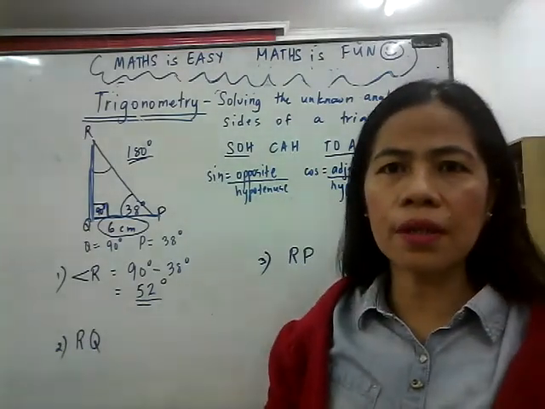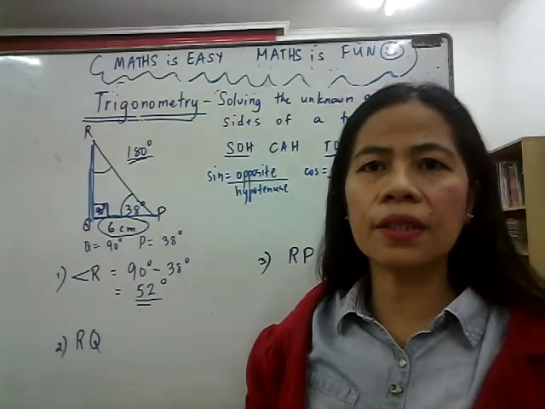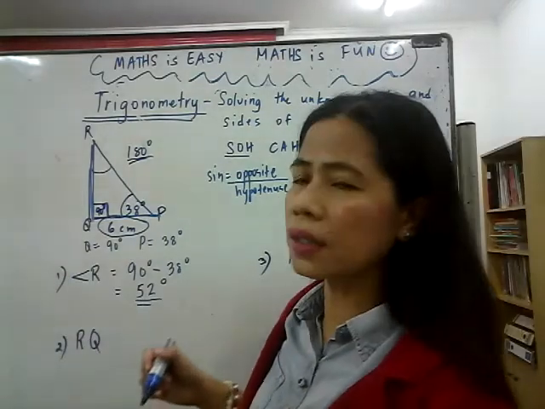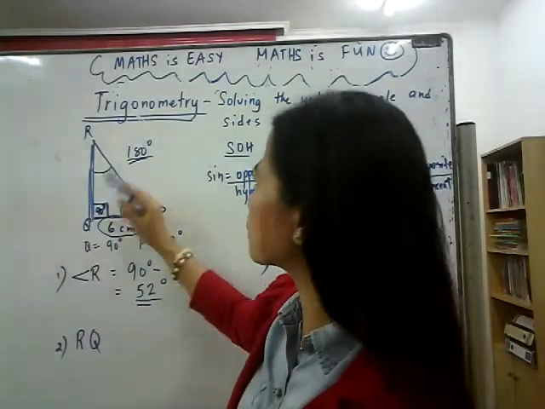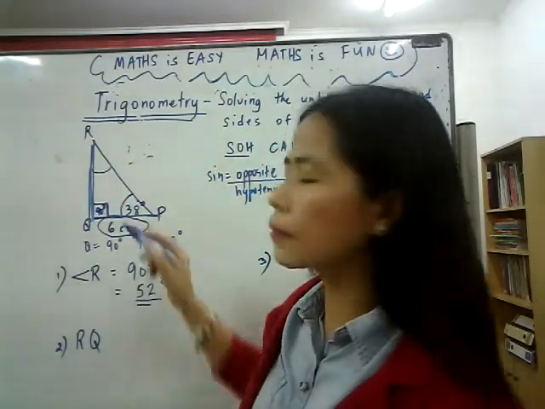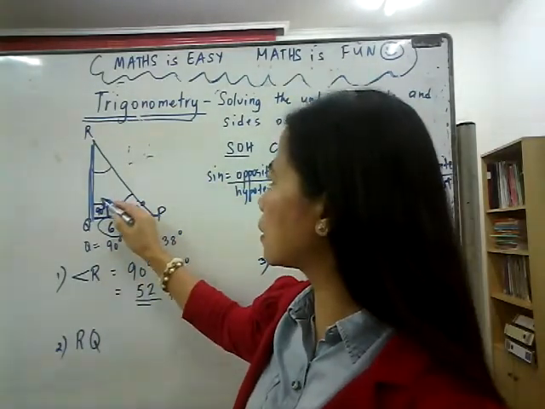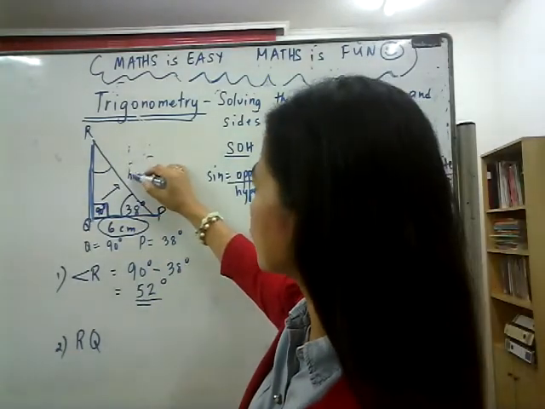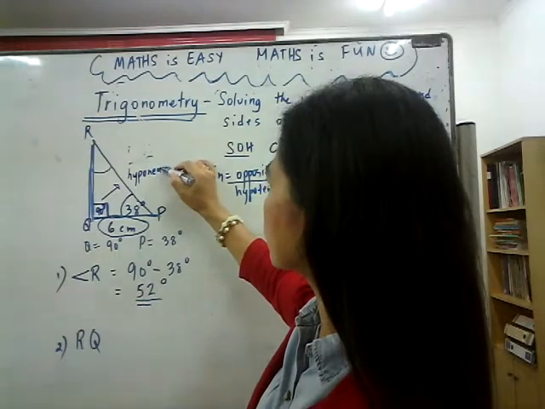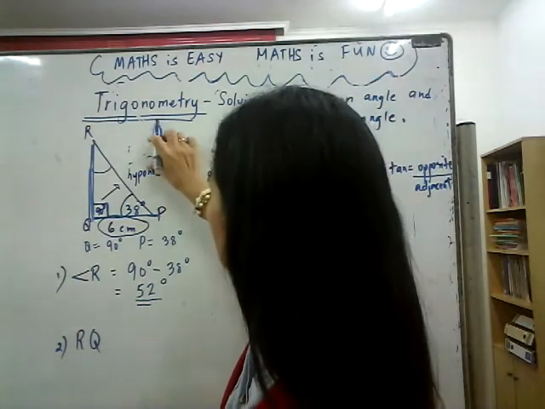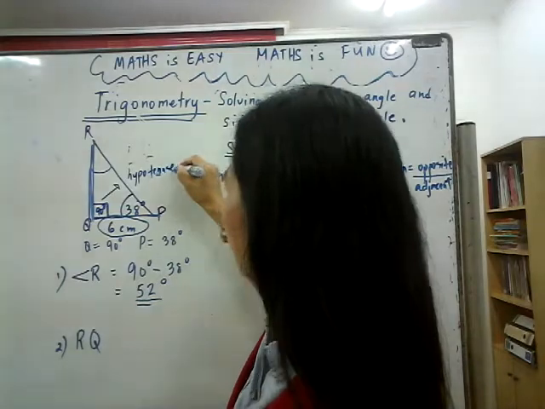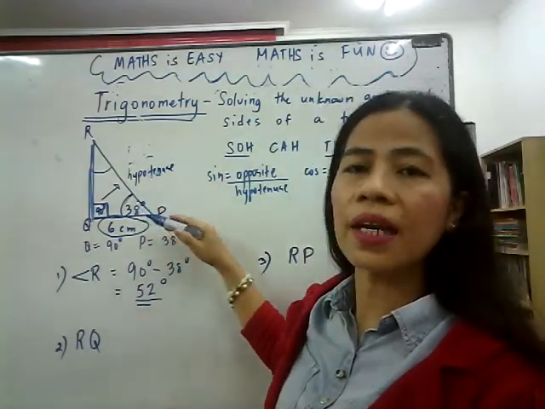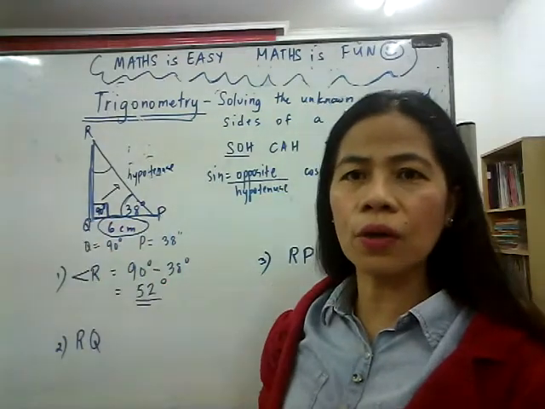Now, which of these are our opposite, our adjacent, and the hypotenuse? So, from this triangle, look at your 90 degrees. The side opposite your 90 degrees will always be your hypotenuse. And look at your given angle. The side opposite it will always be your opposite side.